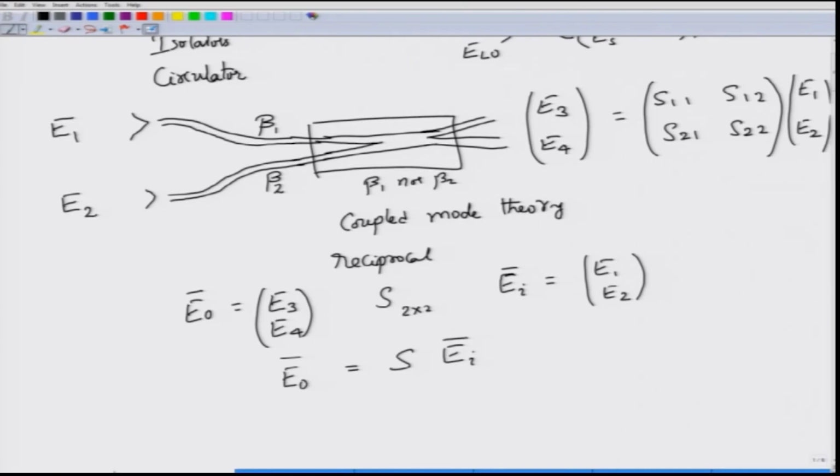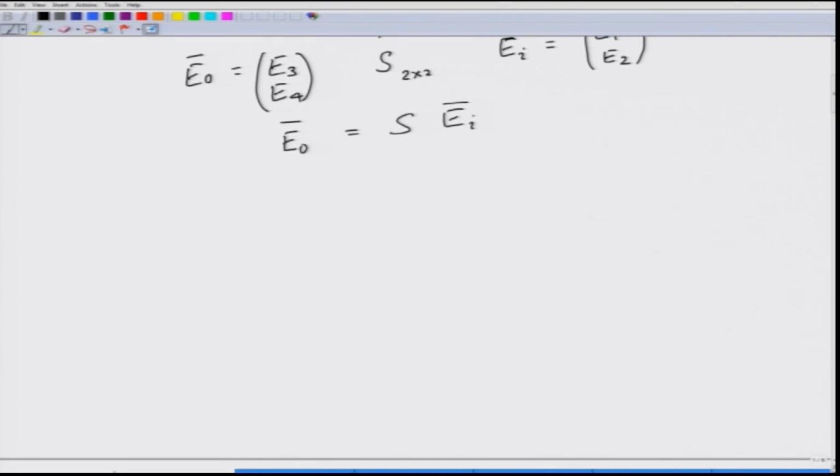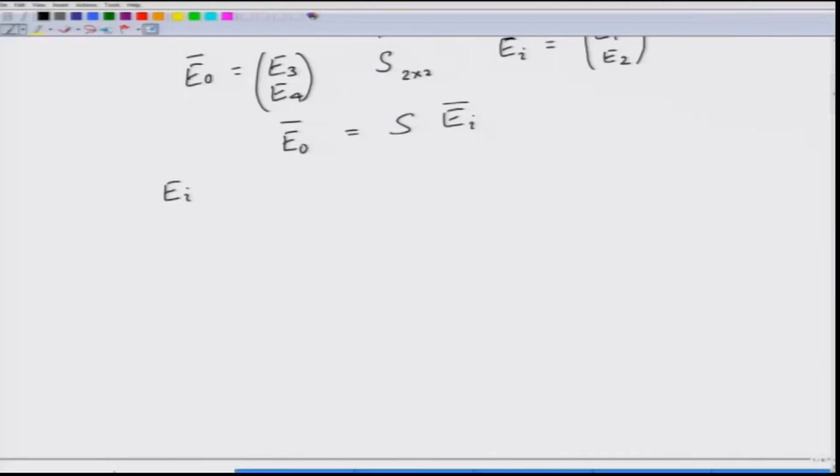Now, to obtain what is called a lossless coupler, a lossless coupler would simply mean that the total power or the total energy from the input ports is preserved at the output ports. Nothing is lost in the coupler itself. So, the condition is that the total energy, as we know, or intensity, is proportional to the magnitude of the electric field squared. So, the total electric field in the input port is the sum of E1 and E2.